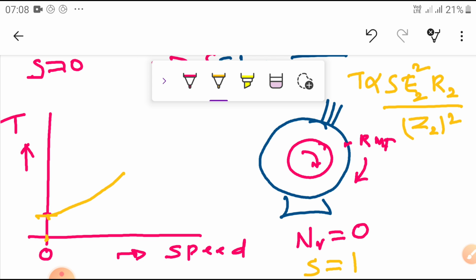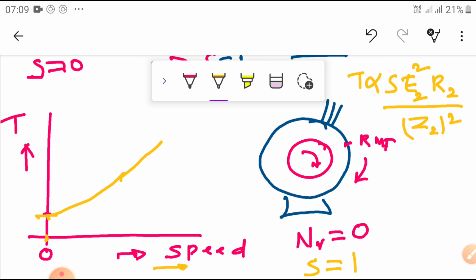The torque is a twisting force. Due to this twisting force, the rotor will rotate and pick up some speed. The torque increases, and speed also increases.